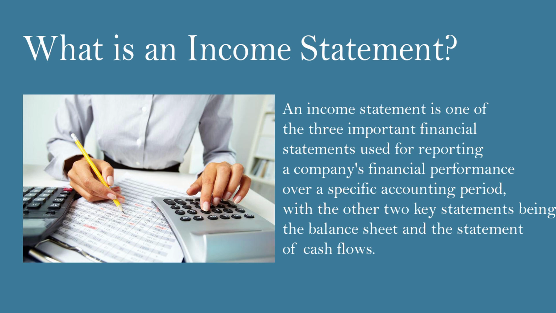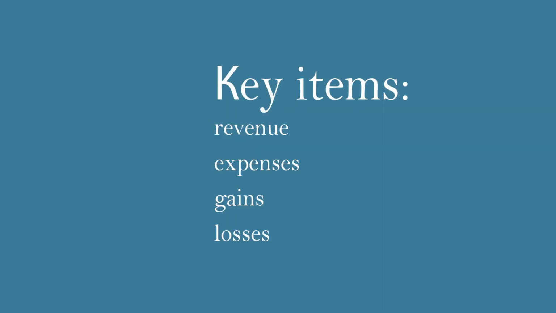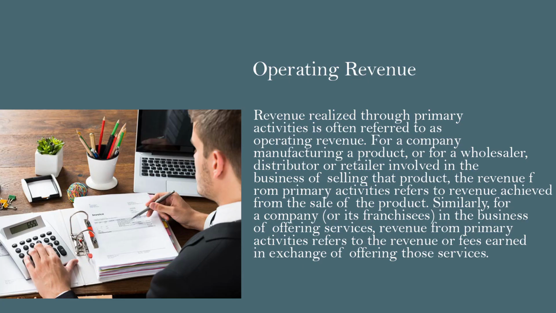The income statement focuses on four key items: revenue, expenses, gains, and losses. Revenue. Revenue is divided into operating and non-operating. Operating revenue. Revenue realized through primary activities is often referred to as operating revenue.